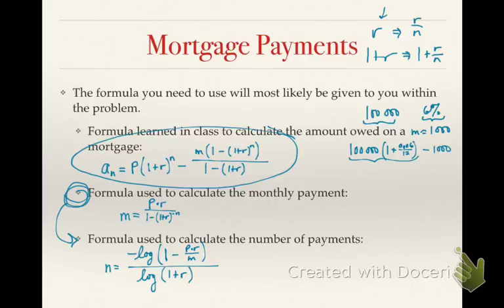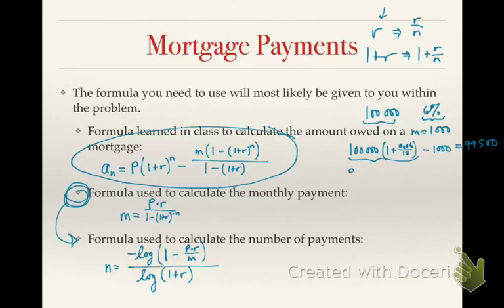That'll give me the amount remaining after 1 payment. So 100,000 times 1 plus 0.06 divided by 12 minus 1,000 gives me $99,500.